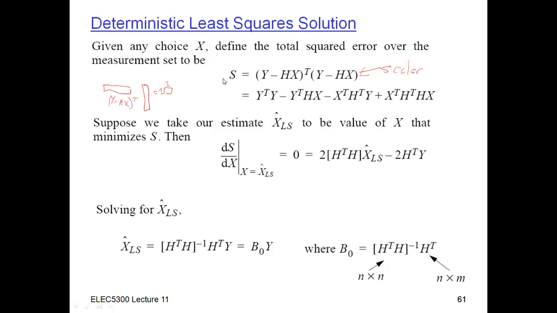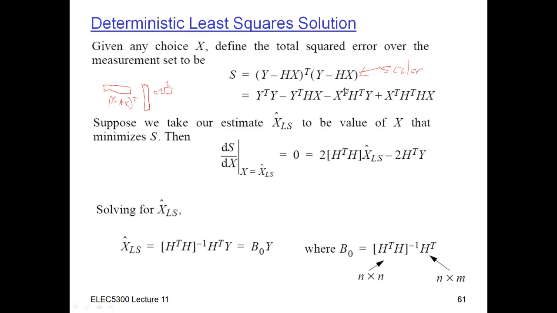In order to do that, I have to expand this out, so I get y transpose y, minus y transpose Hx, minus Hx transpose y, which is x transpose H transpose y, plus Hx transpose Hx, or x transpose H transpose Hx. Now I have to differentiate this with respect to x.